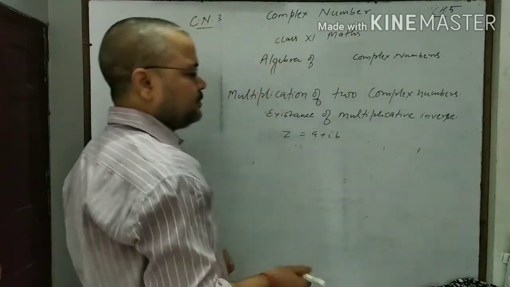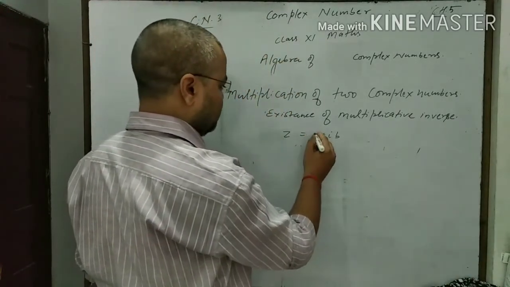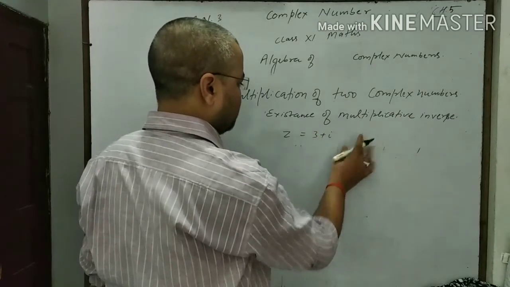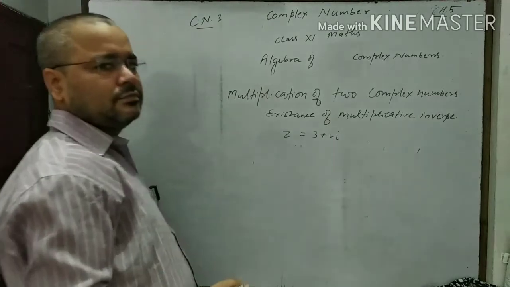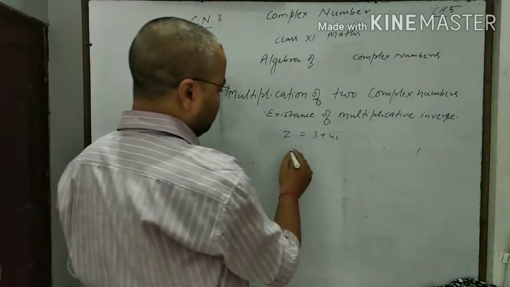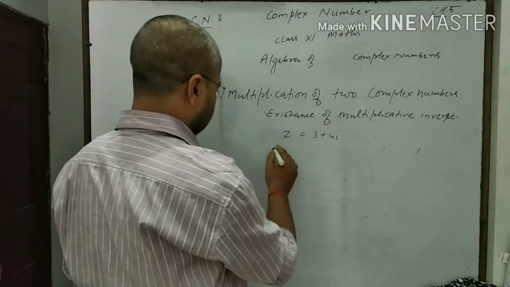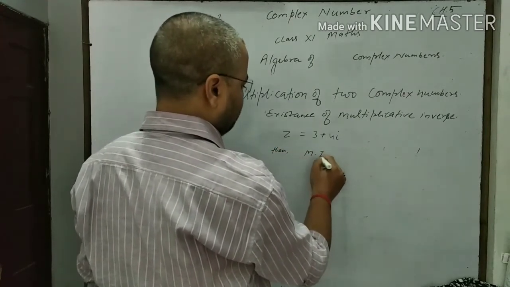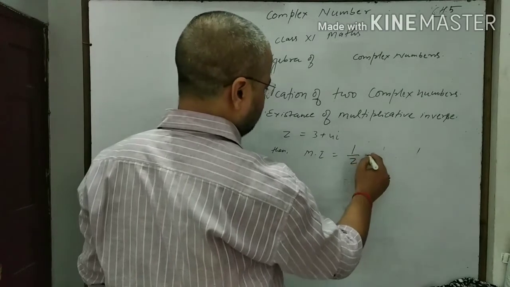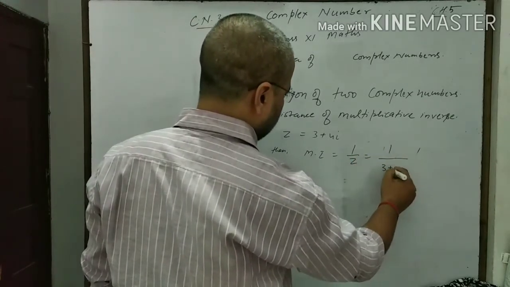If we have z = 3 + 4i, then what is the multiplicative inverse? The multiplicative inverse is 1 by z, which is equal to 1 upon 3 plus 4i.